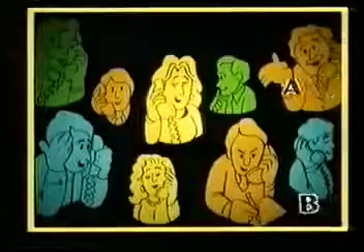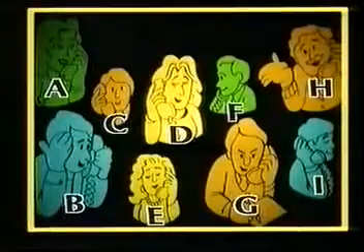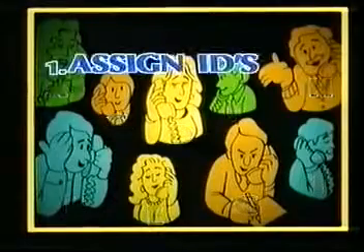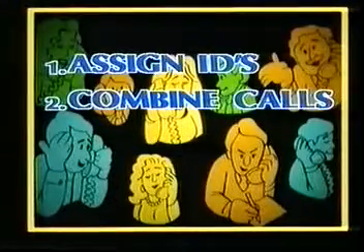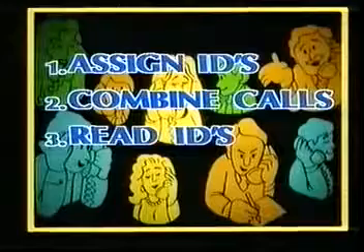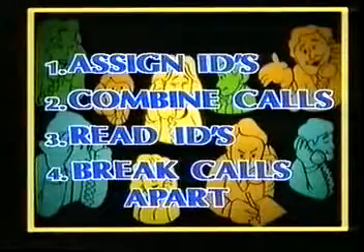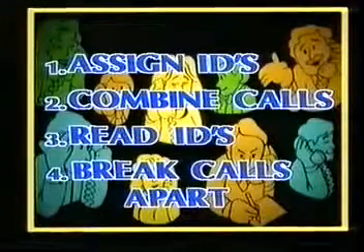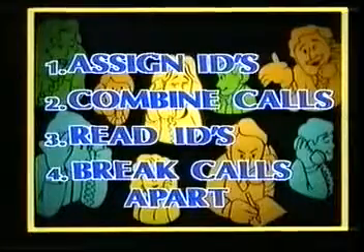Then at the point of destination, that call is being redeciphered by using that ID and forwarded to the proper user. That's the whole multiplexing technique, assigning an ID at the point of origin and using that ID at the point of destination to break that call apart from the other calls it's being transmitted with.